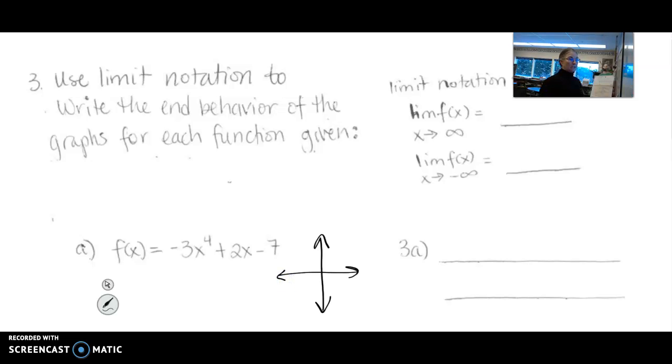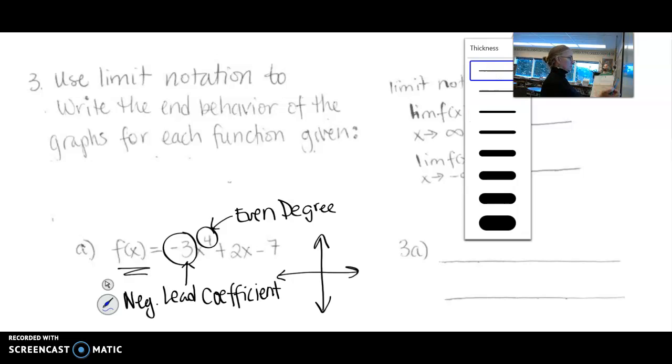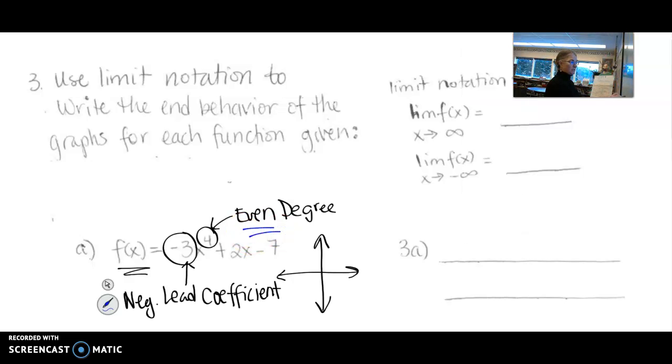But if you look at this function right here for A, f of x, the degree is 4, which means the degree is even. The lead coefficient is negative 3, so the lead coefficient is negative, which means the ends of the graph will go, because it's even, in the same direction, and because it's a negative leading coefficient, they're both going to go down.